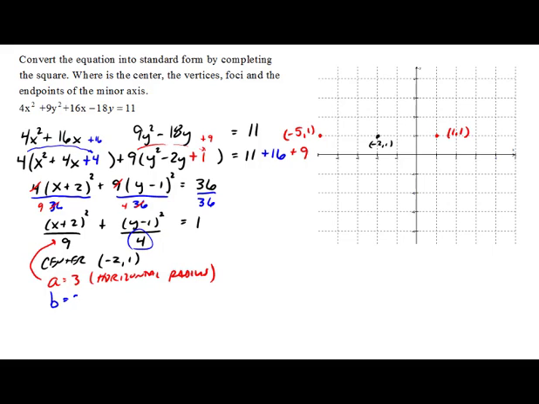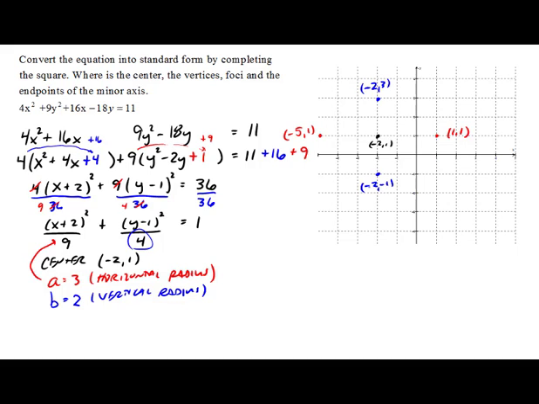So B is equal to 2, which is the square root of 4. I like to call this my vertical radius. So from the center, I'm going to go up and down 2. If I go up 2 and down 2 units, that puts me at the point negative 2, 3, and negative 2, negative 1.